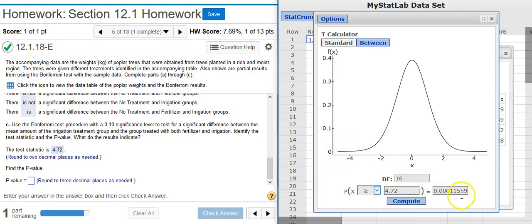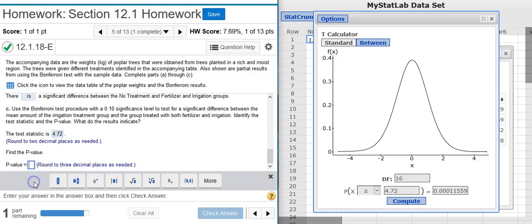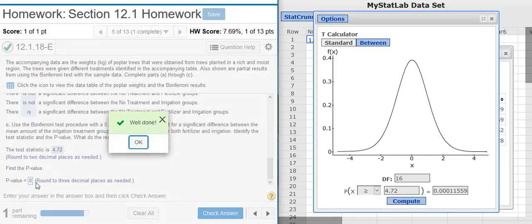So I really need to multiply this number by 2 to get the p-value that I need to put in my answer field. Well, if I take 0.0001 and multiply by 2, I'm going to get 0.0002. Rounded to 3 decimal places, that's just 0. Well done!